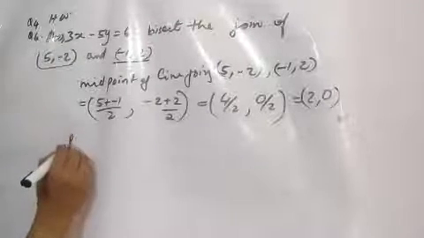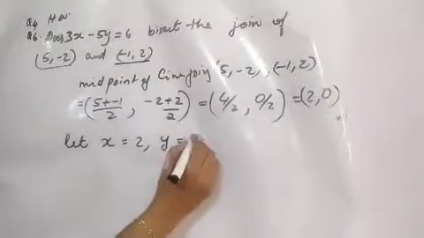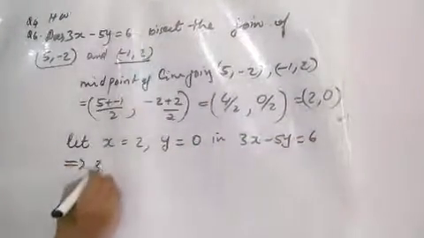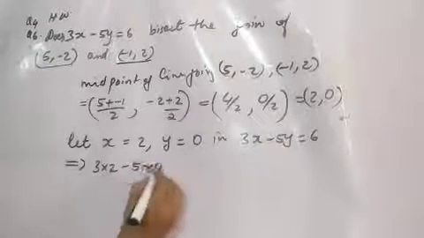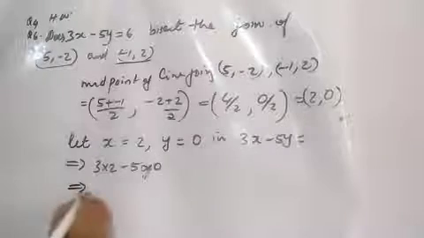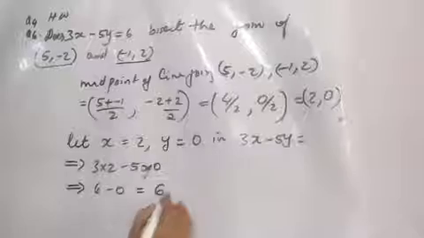Whether this satisfies this equation or not. Let x equal to 2 and y equal to 0 in 3x minus 5y equal to 6. Implies 3 into 2 minus 5 into 0 equal to 6 or not, we have to verify. That implies 6 minus 0, that's equal to 6.